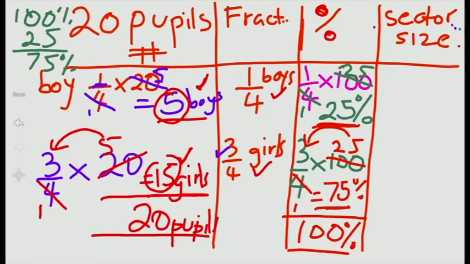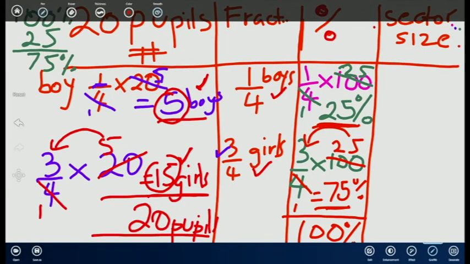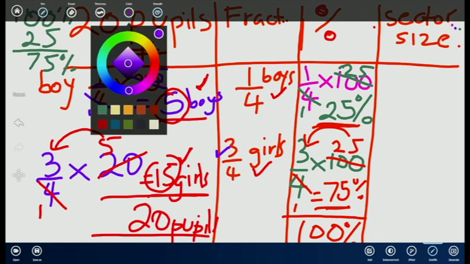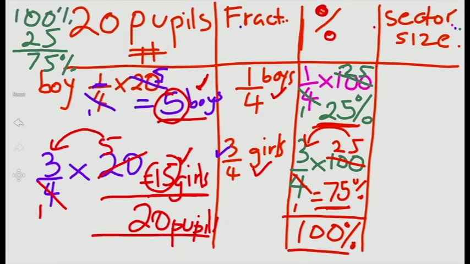Right. Now on the sector size, let's calculate the sector size of the boys and the girls. Note, I'm always using the fraction that has been given. Remember, the fraction for the boys is a quarter. Then I have to multiply that quarter by the total sector size of a revolution.